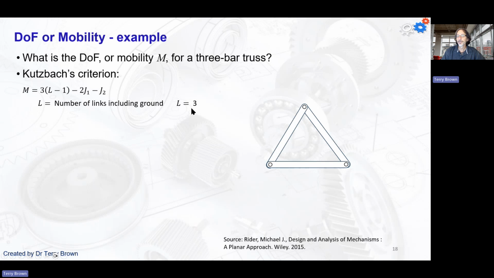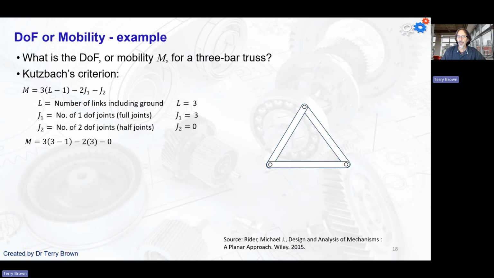So we have 3 one-degree-of-freedom joints, and we have no half joints. Put that into Kutzbach's criterion and we get 0. That tells us we have a structure that's statically determinate. If we get -1, then we'd get a structure that's statically indeterminate of degree 1.